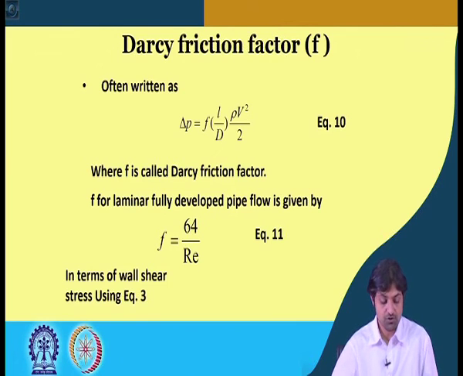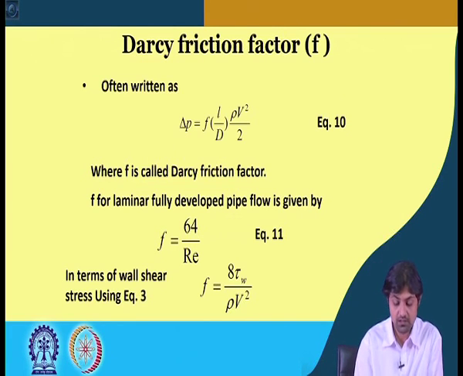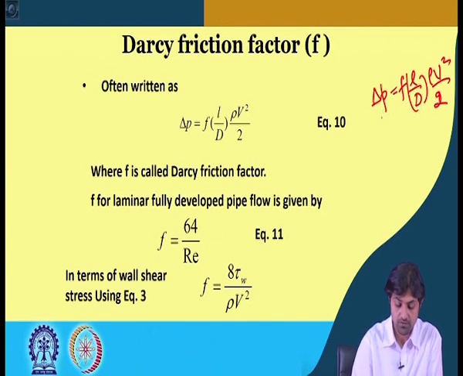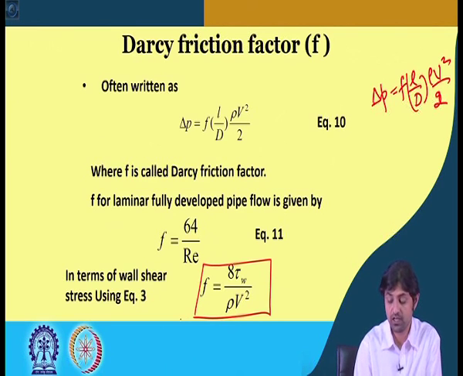So now in terms of wall shear stress, if we use equation number 3, F can be written as, using FL by D into rho V square by 2, in terms of wall shear stress using equation 3, we will get F is equal to 8 tau W by rho V square.